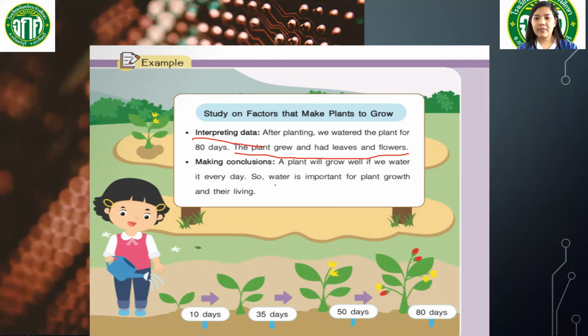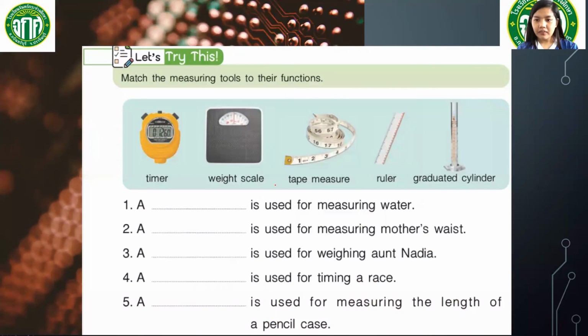Next, we have here an activity on page 7 of your book. Match the measuring tools to their functions. You have to write down the name of the correct measuring tool in the blanks.